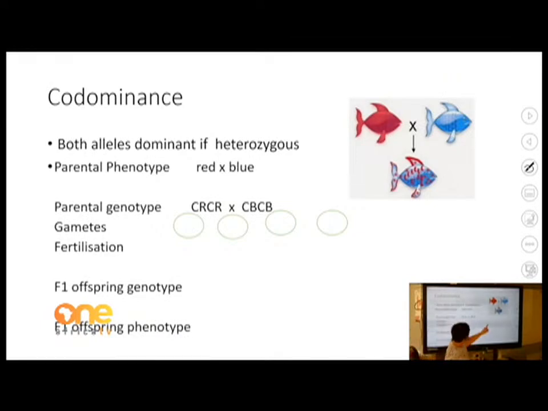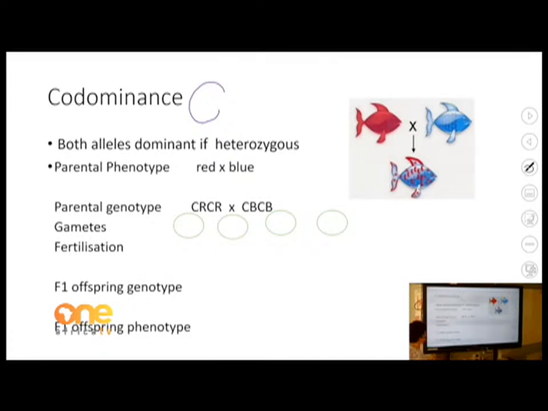But when I see the offspring exert both of the features, red and blue, I know I must use a C. And I use a C, R for red, and a C, B for the blue ones.